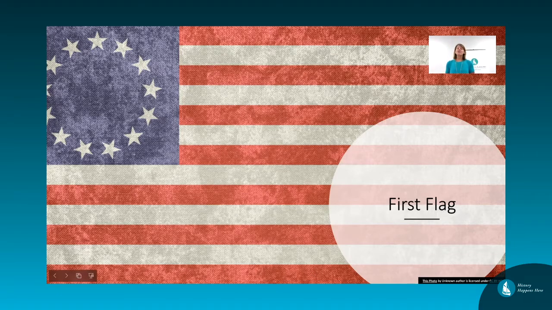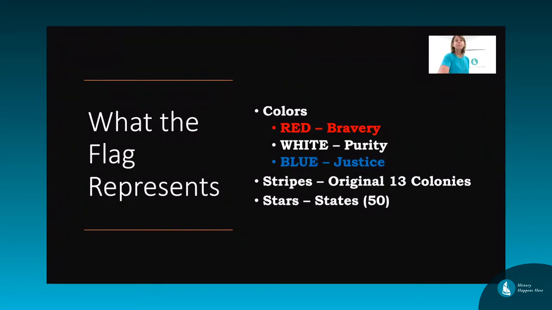So what do you think the 13 red and white stripes mean? Again, they represent the first states that we had here in the United States of America. So let's go to our next slide.